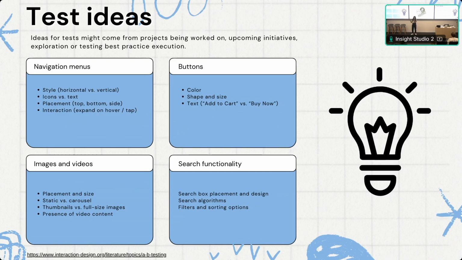It could be the buttons, what color works best. It could be things like copy, or within the search functionality, the types of algorithm that you use to generate search listing results, what kind of products appear, and optimizing that experience as well. Or it could be things like content, like does video content resonate with people on this page or wherever? And again, helping make decisions.